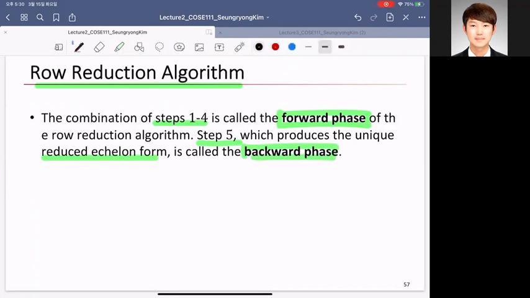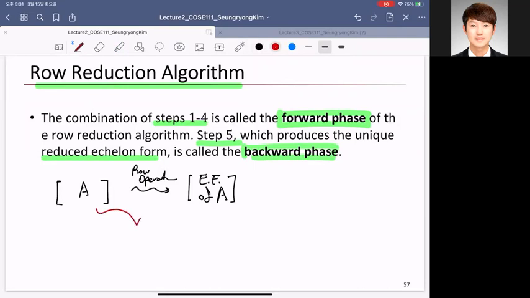In other words, okay, we have a matrix A. By using row operations, we can achieve the echelon form of A, which is called the forward phase, steps 1 to 4.